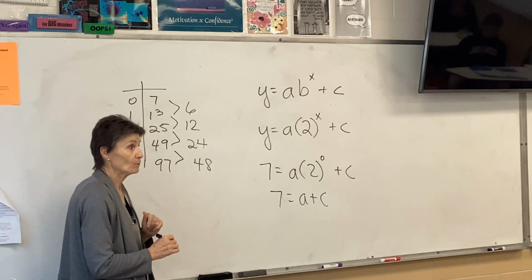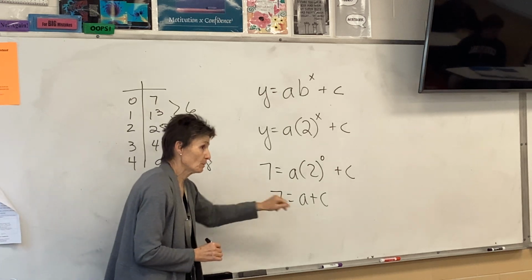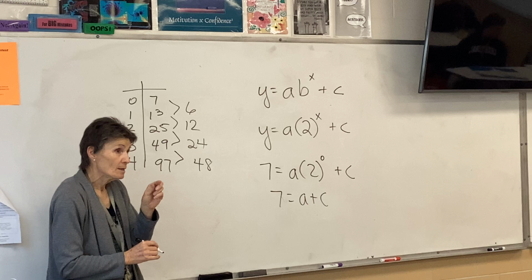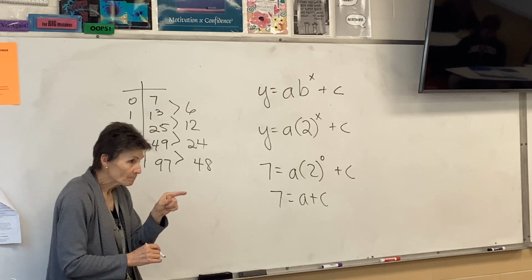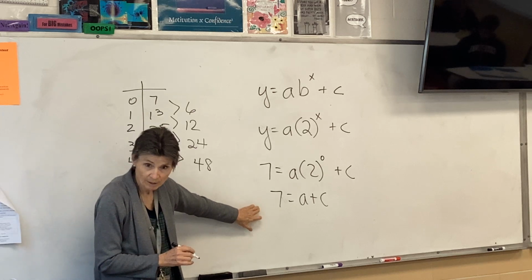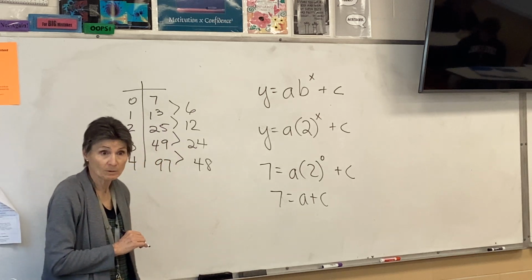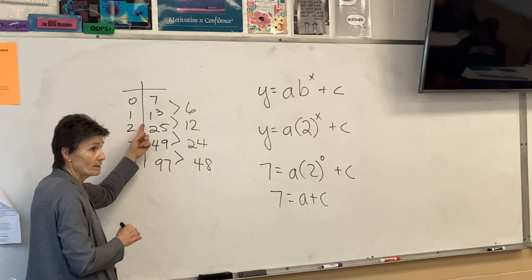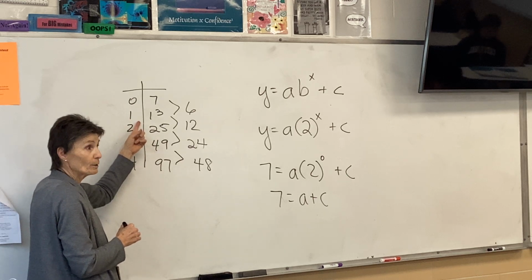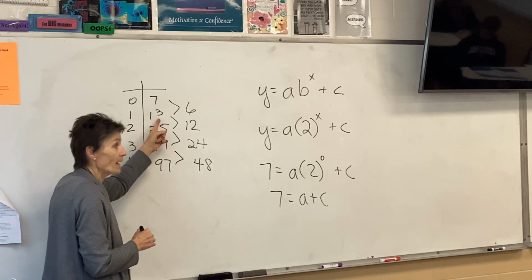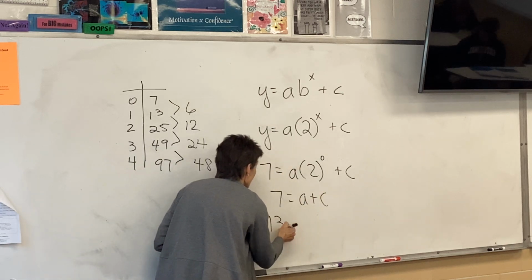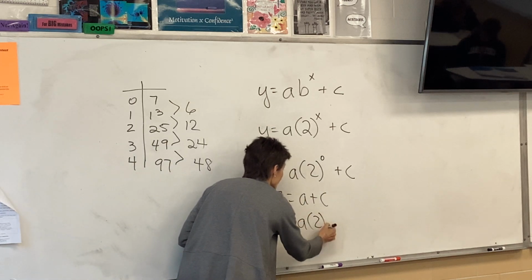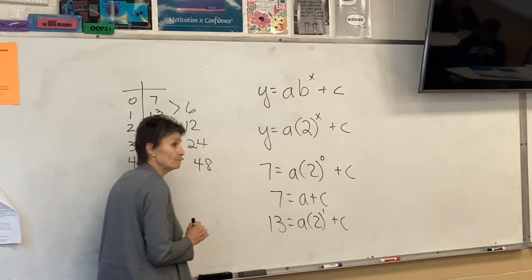Now guess what I'm going to do? There's 2 variables there, so what am I going to do? Pick another point and do the same thing, and I'm going to get another equation that has the same 2 variables in it. So let's just use the next one. It doesn't matter. I'll put in 1 for x and get 13 for y. So 13 equals a times 2 to the first plus c.